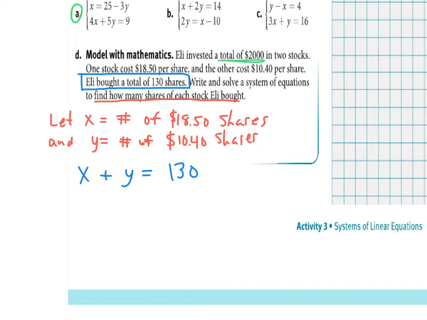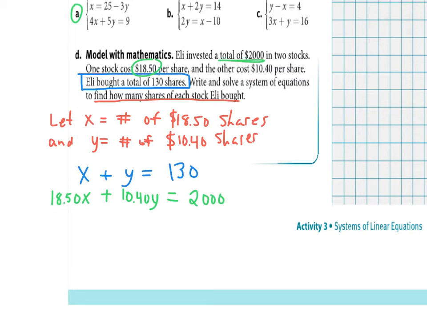The total amount he spent was $2,000. The $18.50 share, he bought x of those, so $18.50 times x, plus $10.40 times y, needs to equal the total amount of money spent, which was $2,000.